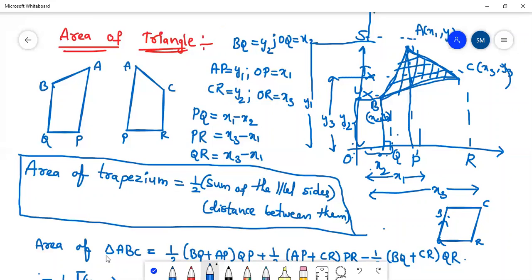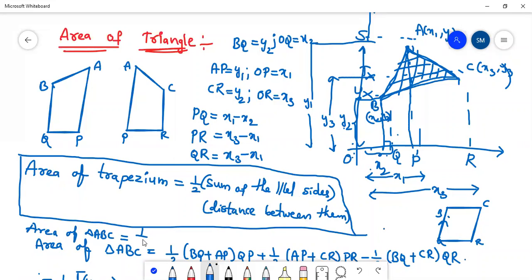Before finding the area of triangle ABC, we find the area of the trapeziums. The formula for the area of a trapezium is half into the sum of the parallel sides into the distance between them.